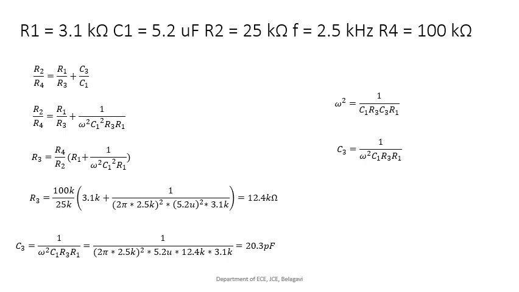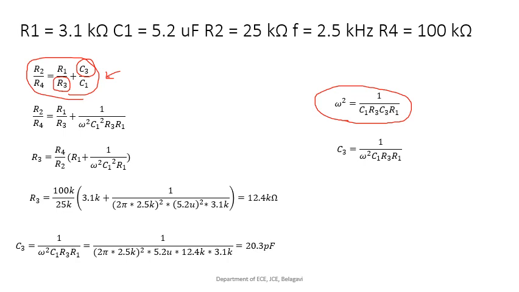So this is the relationship which we had in the last problem. This will remain the same for all problems. Now there are two unknowns: we want to find out C3 as well as R3. So one of them we have to simplify. In this equation, we already know that omega square is equal to 1 divided by C1 R1 C3 R3.